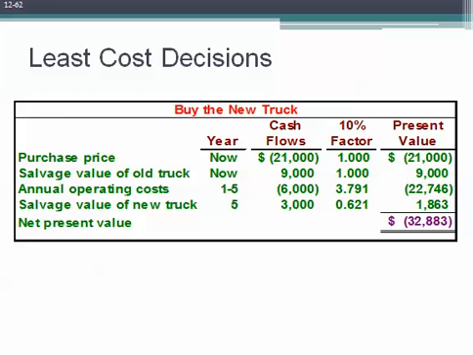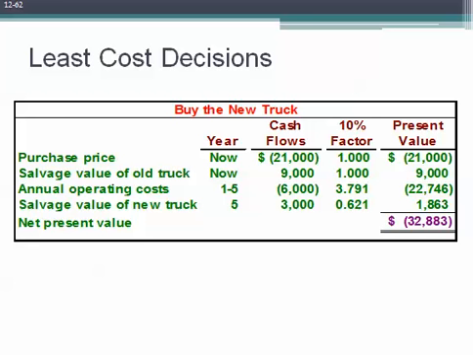The annual operating cost of a new truck would be $6,000 a year for 5 years, and that has a present value of $22,746. And again, notice that's a cash outflow, that's a cost. At the end of the 5 years, we think we could sell or salvage our new truck for $3,000, and that's a cash inflow that has a present value of $1,863. When we add up the present value of all these cash flows, we find a net present value of negative $32,883.